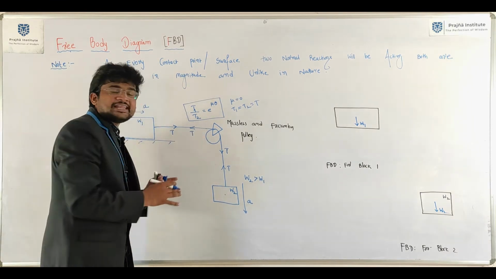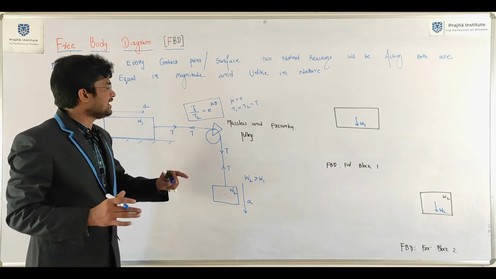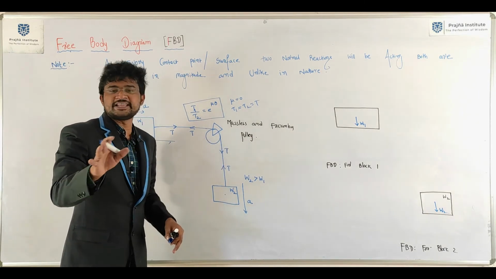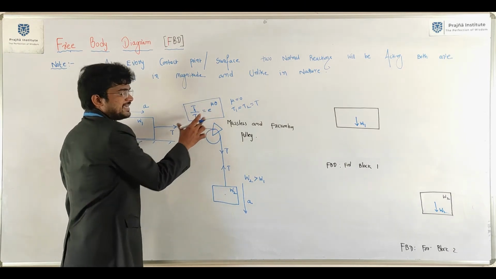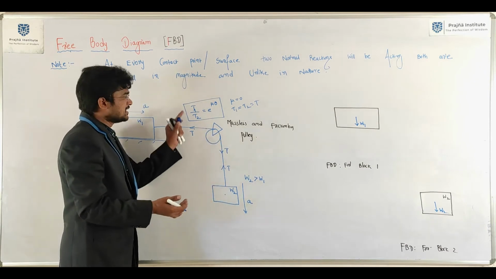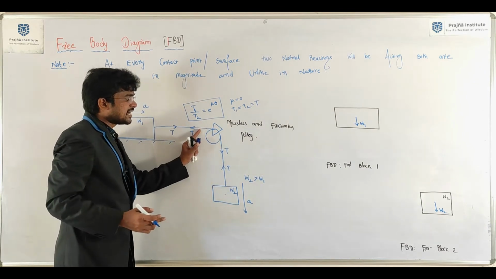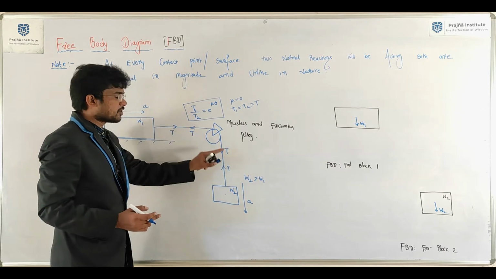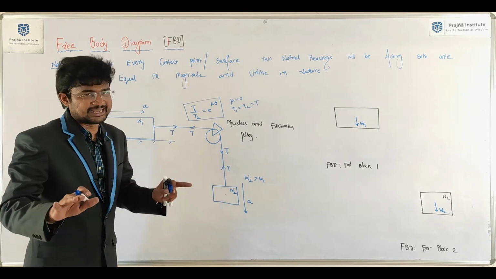In the engineering mechanics course, all pulleys are assumed to be frictionless. For civil engineering students, no need to study this equation. Assume that all pulleys are frictionless. In that case, both tight side tension and slack side tension will be the same. T1 equal to T2, same string, same tension.